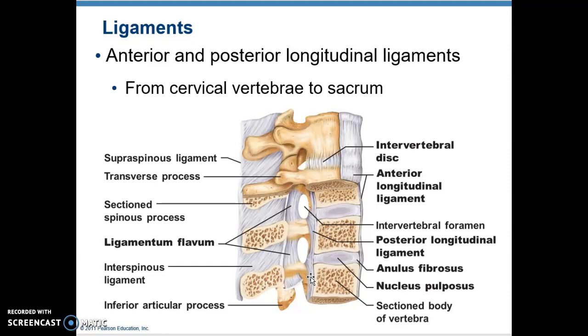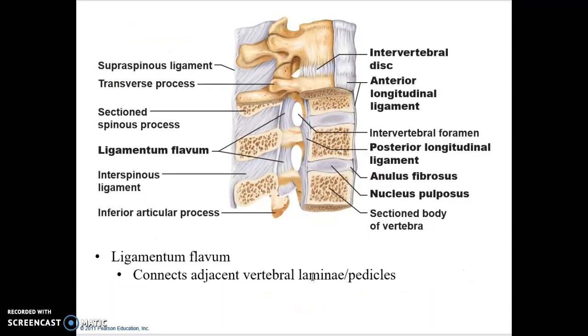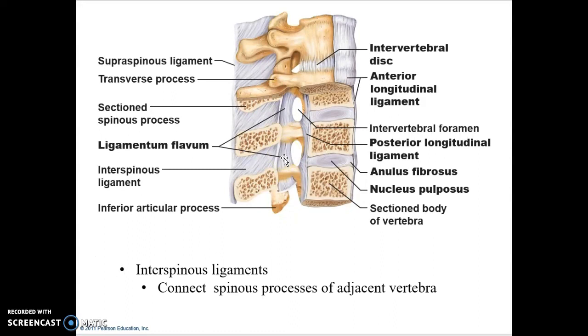Then you have your ligamentum flavum, which is these two things right here and that thing right there, which just runs from what is called the lamina. This is the part that's going out towards the transverse process. But you don't need to know that, you just need to be able to identify them. And then the third is the interspinous ligament, which is these things here and here and here, which just run from one spinous process to the other.